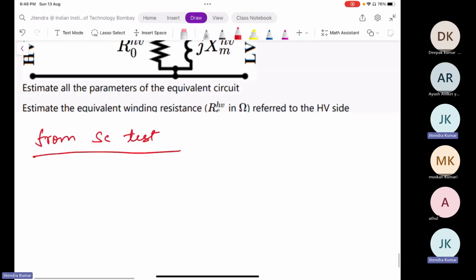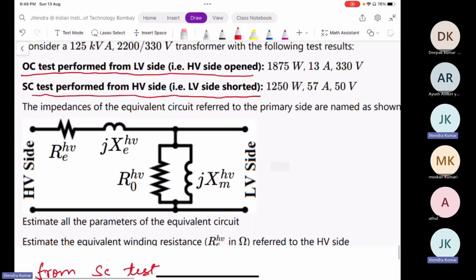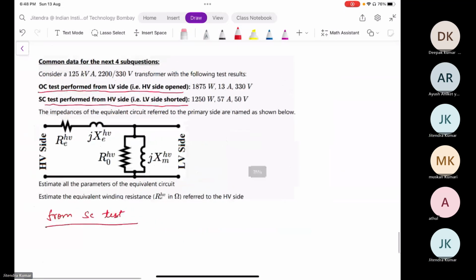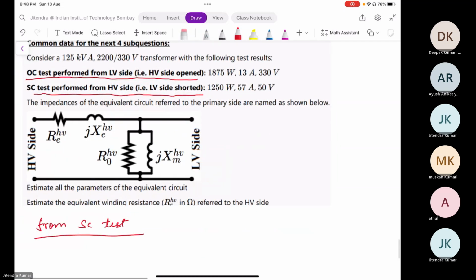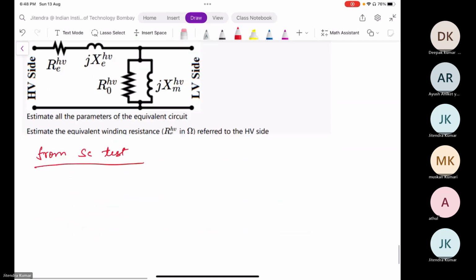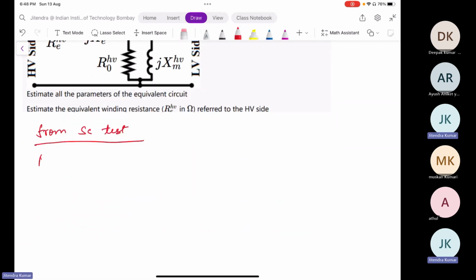How much should be the resistance measured from the short circuit test, and how to compute that?